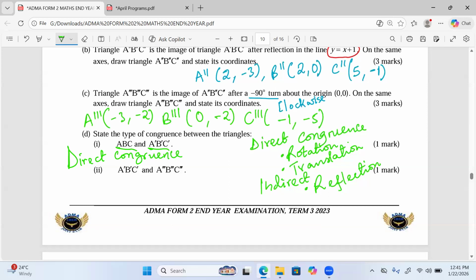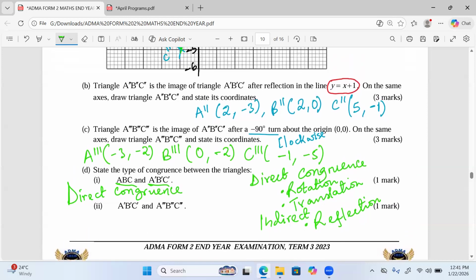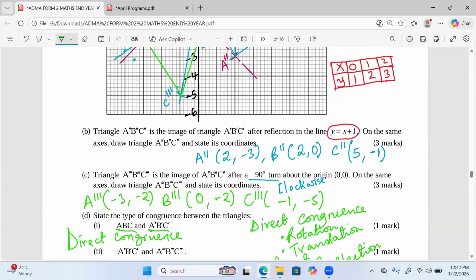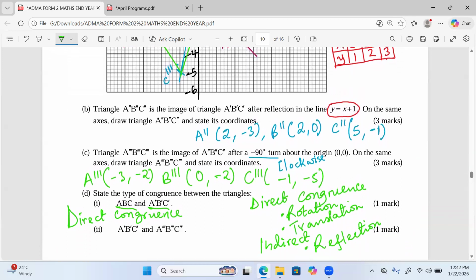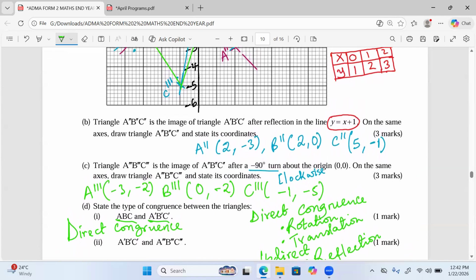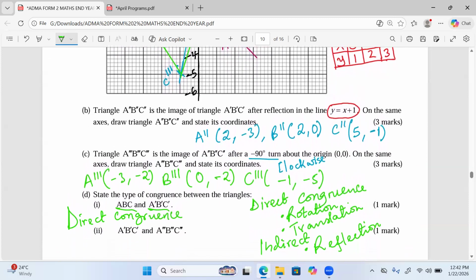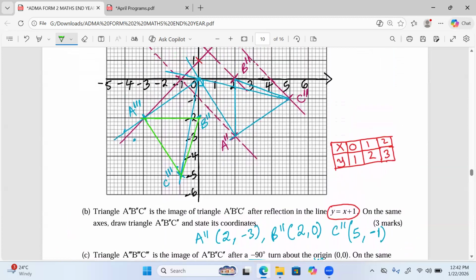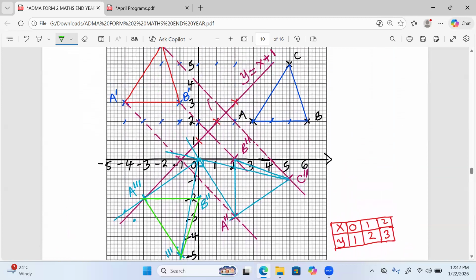Then for ABC and A triple prime, B triple prime, C triple prime, you know that was not direct from one to the other. So we have to check them now. Is it possible we lift one of the triangles, A prime, B prime, C prime, and place it perfectly on A triple prime, B triple prime, C triple prime? Is it possible?